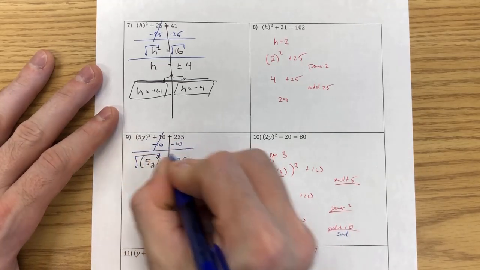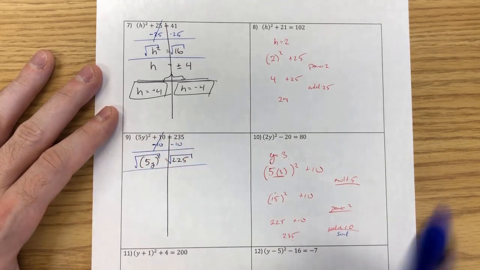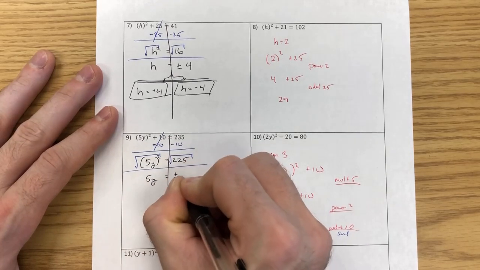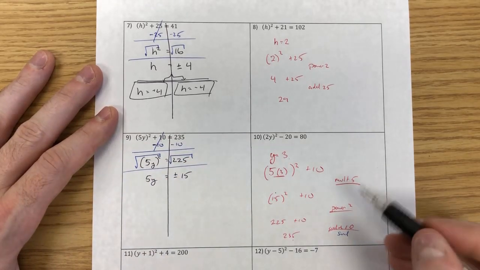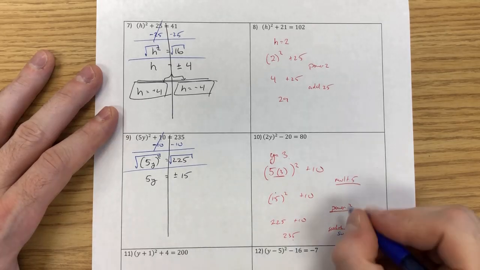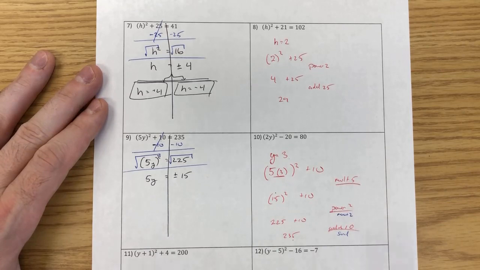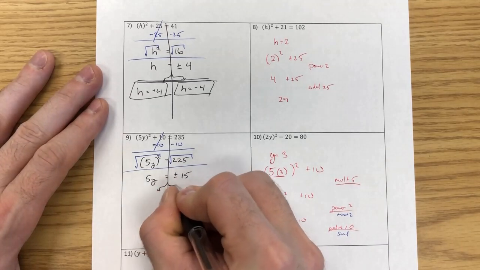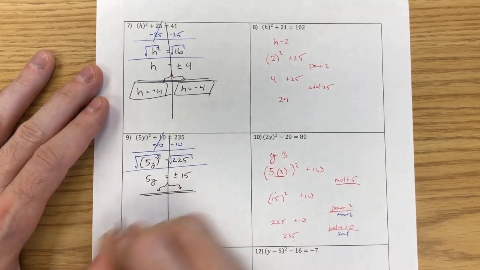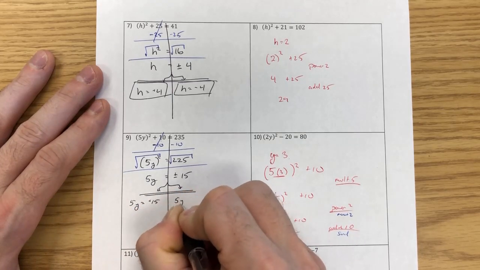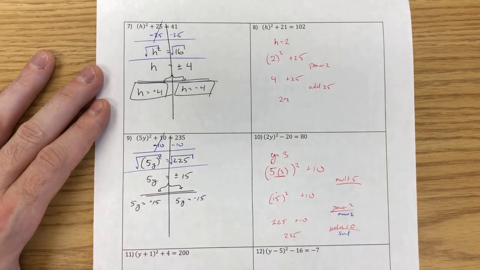So I'm going to square root, which is going to give me 5y is equal to positive or negative 15, which again, I know that the opposite of a power 2 is a root 2. So far so good. But I do know that this is going to split my equation into 5y is positive 15 and 5y is negative 15.